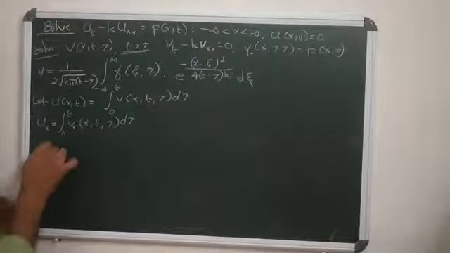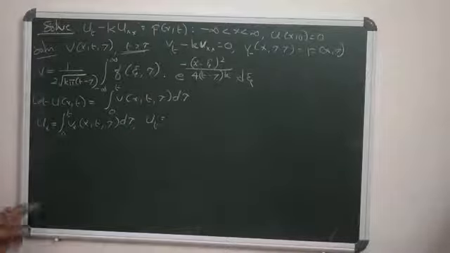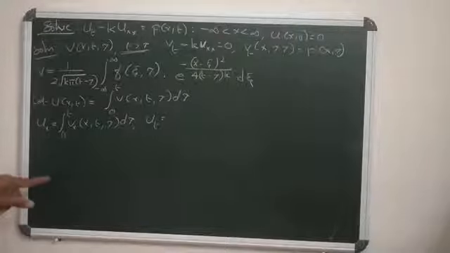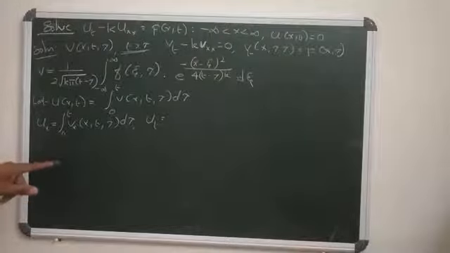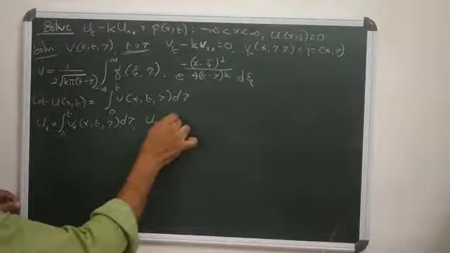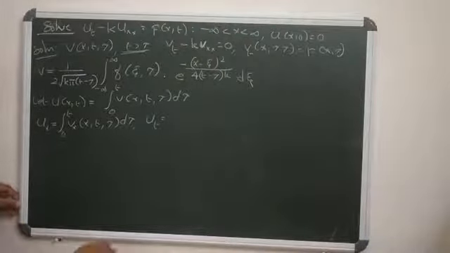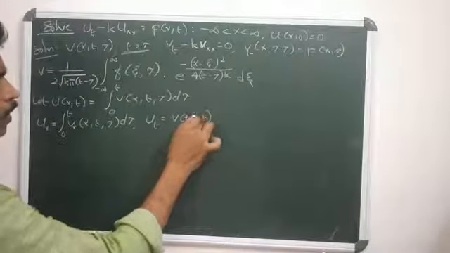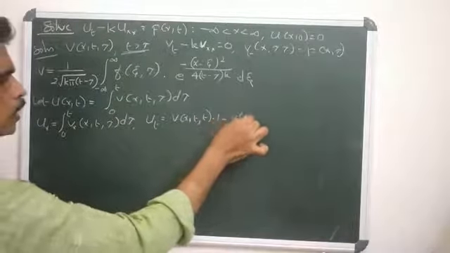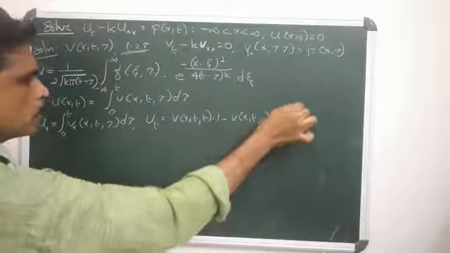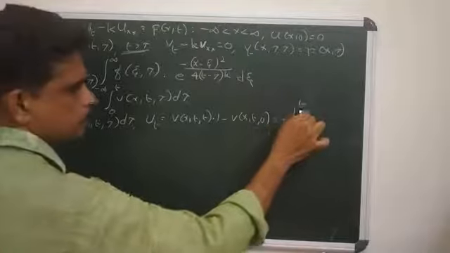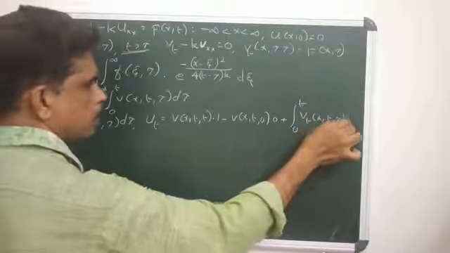Okay. What is u_t? We know the rule for d by dx of the integral from alpha t to beta t of f(x,t,lambda) d lambda. By using that argument, u_t equals v(x,t,t) into 1 minus v(x,t,0) into 0 plus the integral from 0 to t of v_t(x,t,lambda) d lambda.